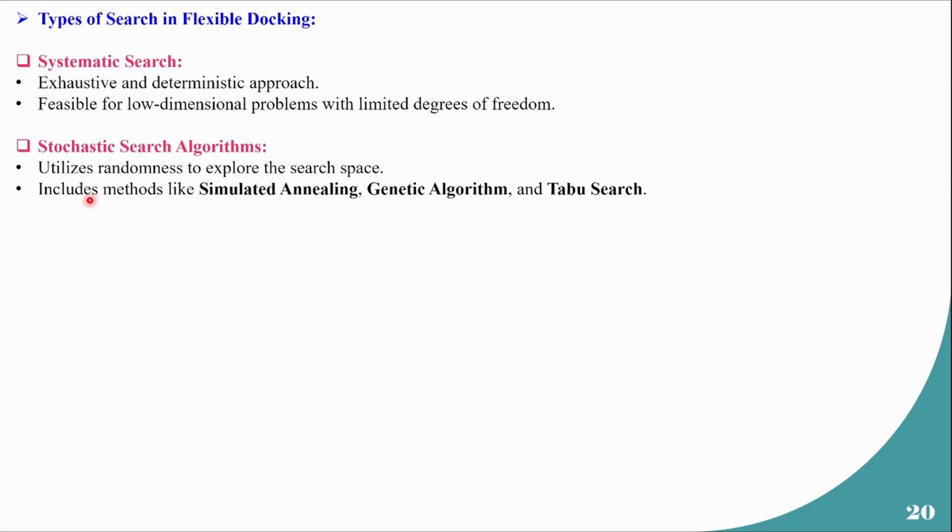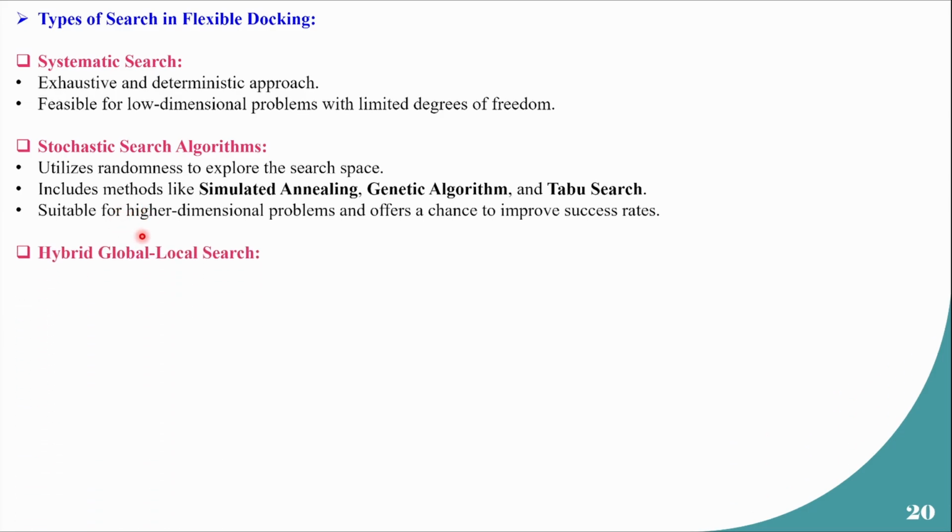For example, simulated annealing, genetic algorithm, and taboo search are some examples of stochastic search algorithms. For higher dimensional problems, where the exhaustive search approach will take a lot more time, these kinds of algorithms are used.